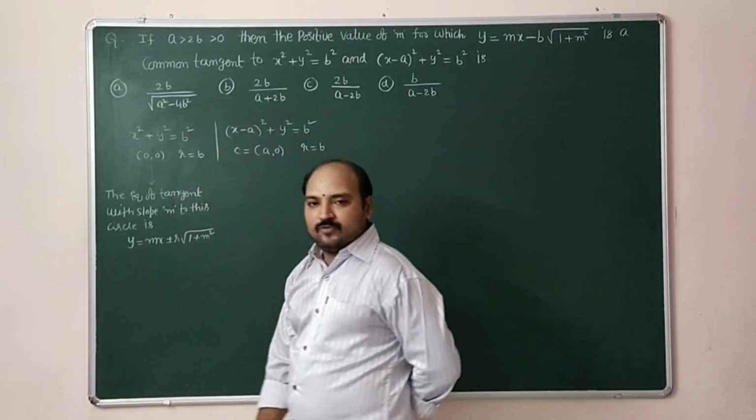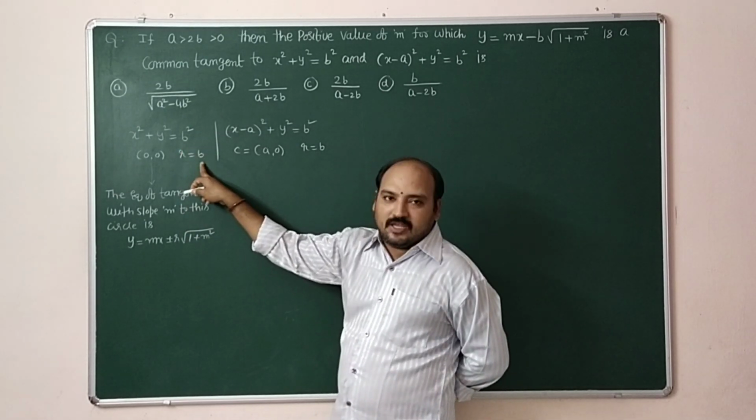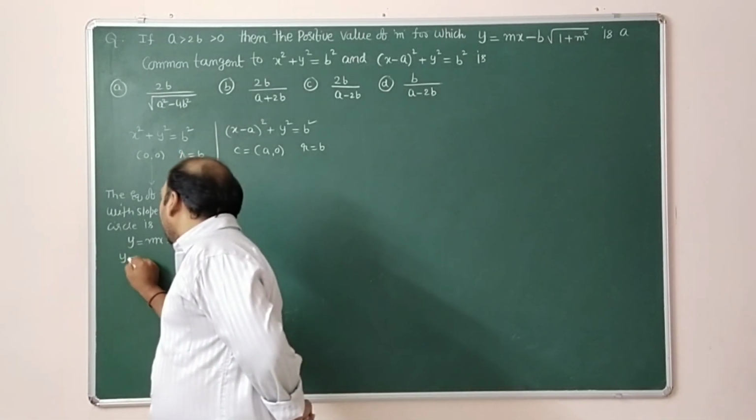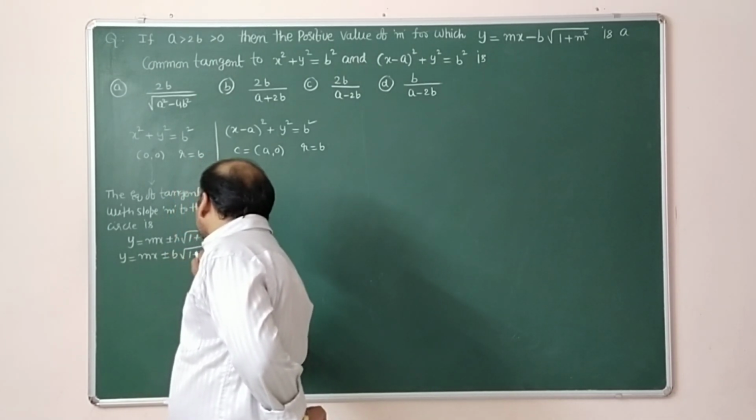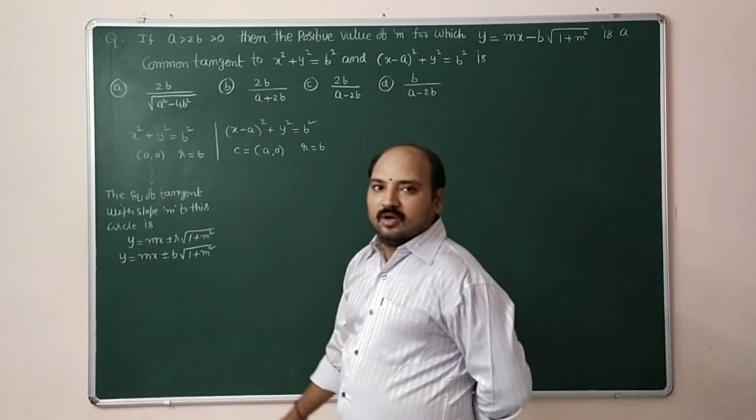Generally we are writing in this way. What is the radius of this circle? b. So y is equal to mx plus or minus b into root over 1 plus m square.